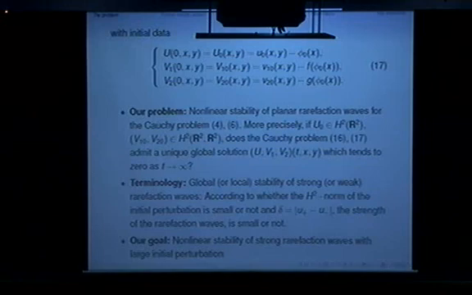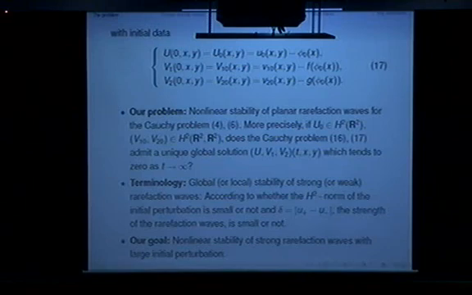Here we note that we assume the initial perturbation belongs to H², and here we have another measurement. The δ means the strength of the rarefaction wave solutions. Global stability means that the perturbation can be arbitrarily large.